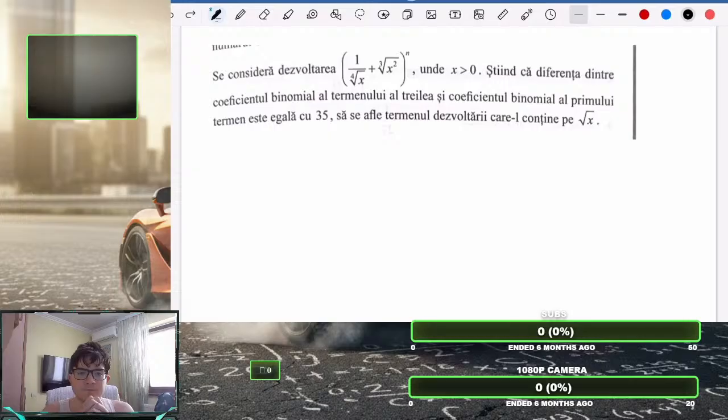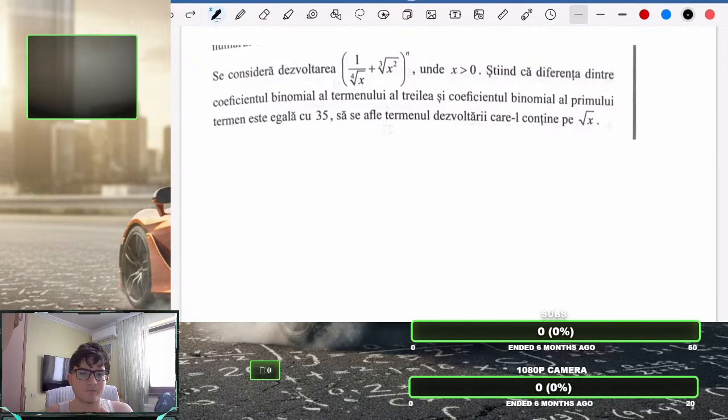Alright. Now we can move on to this one. We have basically this, x is bigger than 0. Knowing that the difference between the binomial coefficient of the third and the first term is equal to 35, find the term that contains square root of x.